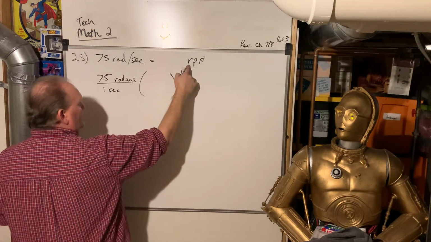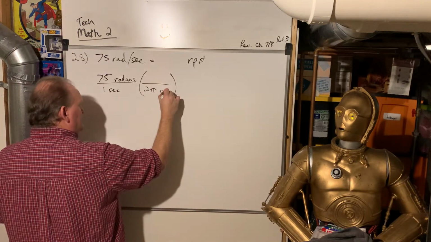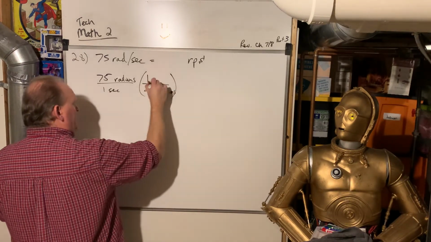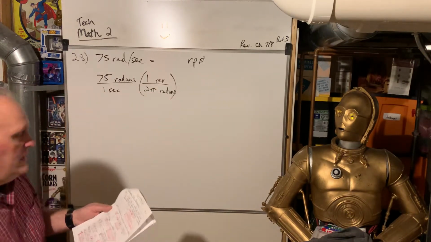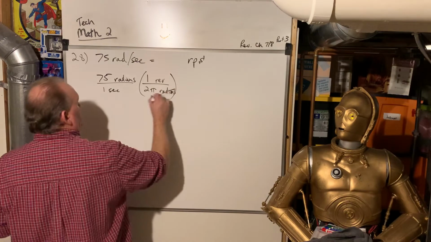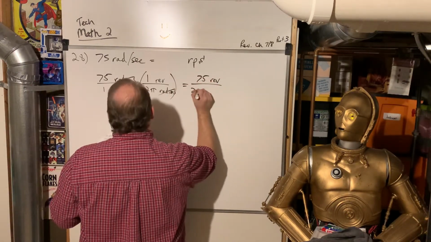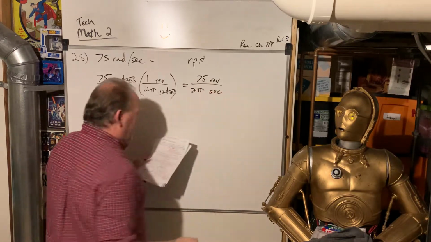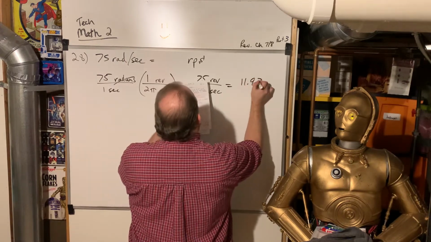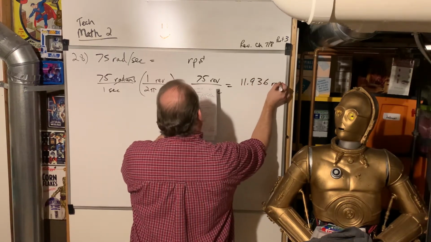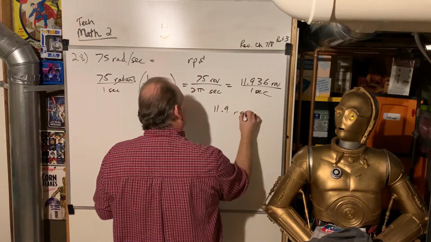Well, they want revolutions, not radians. So 2 pi radians is 1 revolution. Think about one rotation around the circle. And so top times top, bottom times bottom, radians cancel. We end up with 75 revs over 2 pi seconds. We don't want 2 pi seconds, so divide top and bottom by 2 pi. And that is 11.936 revolutions in 1 second, or 11.9 RPS.